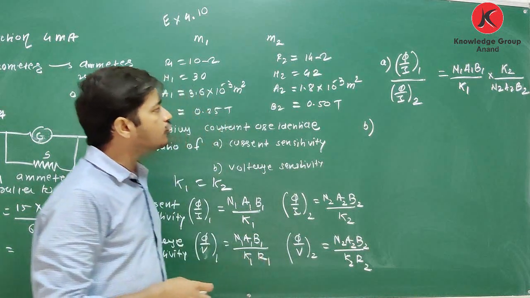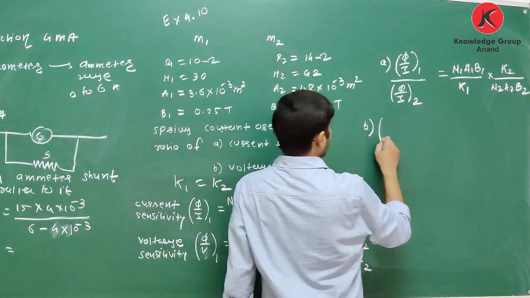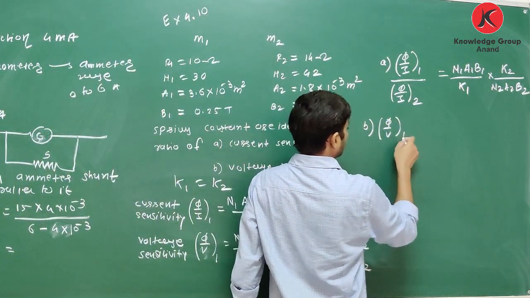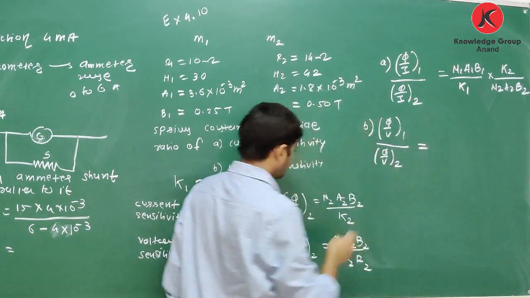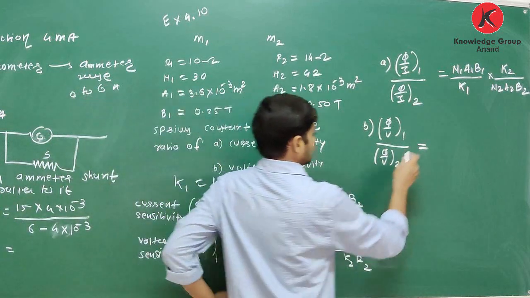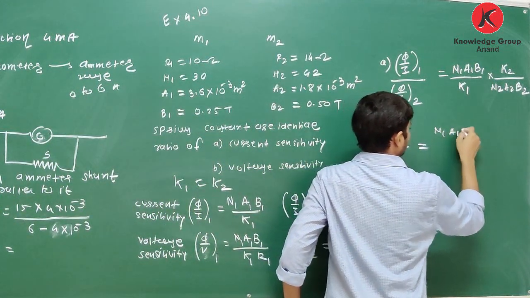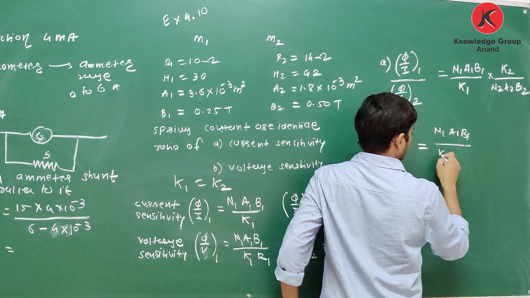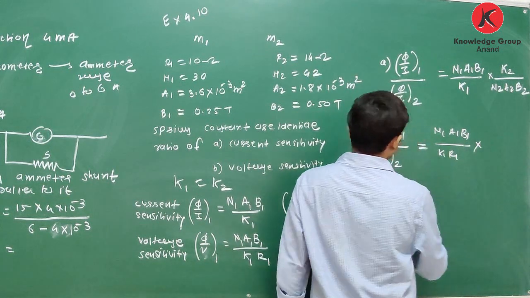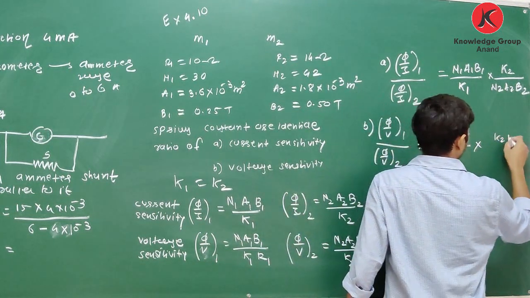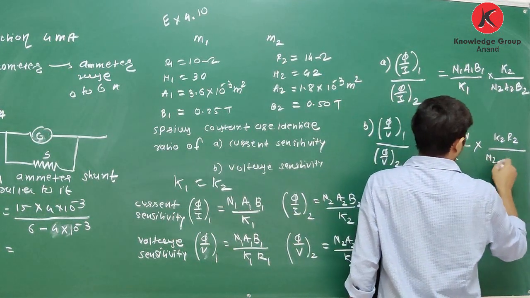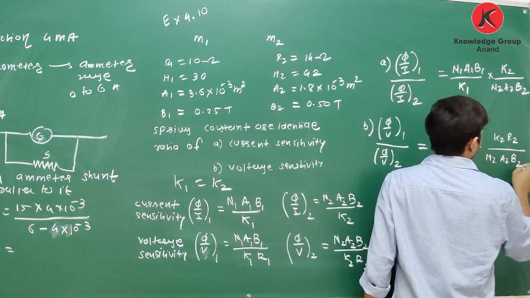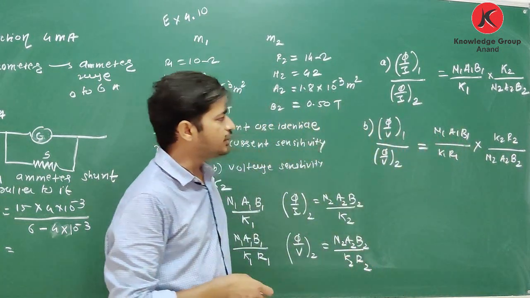Find the ratio of voltage sensitivity. Then yes, it is phi upon V of 1 divided by phi upon V of 2. What is phi upon V of 1? It is N1 A1 B1 upon K1 R1. Into this term I can write like this: K2 R2 divided by N2 A2 B2.